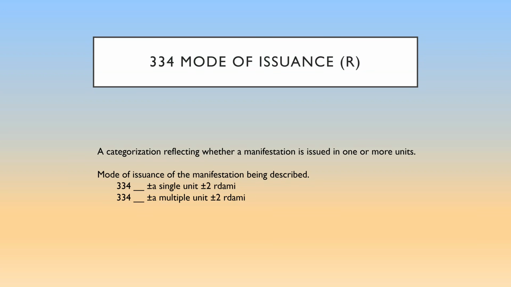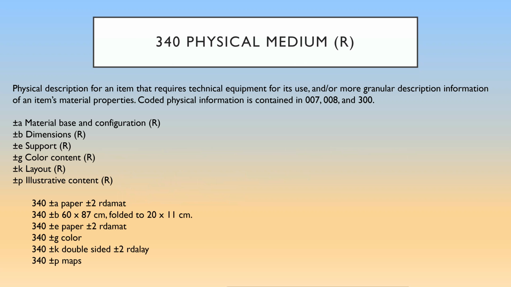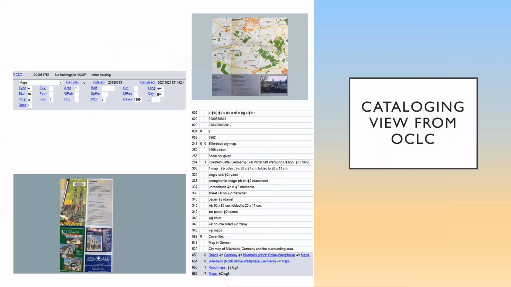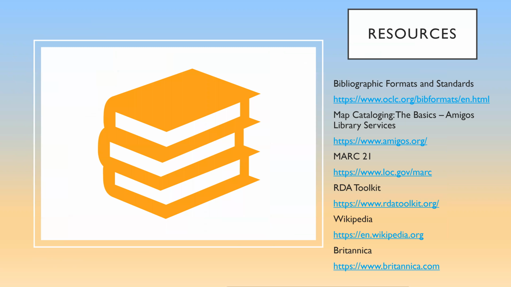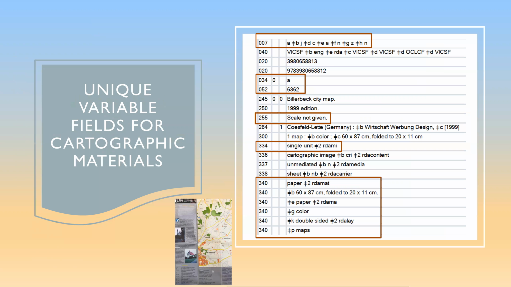Let's go to that last slide. So the first one, paper, that's not really reflected anywhere. It's just that a map is paper. And then the second one in the subfield B, that coordinates with what's in your subfield C in the 300.